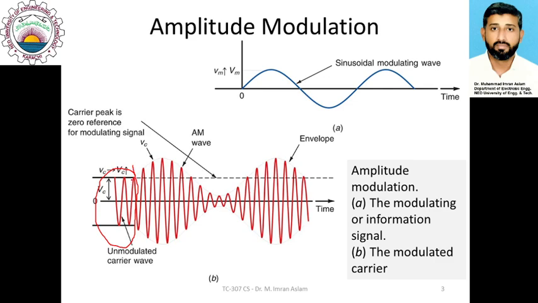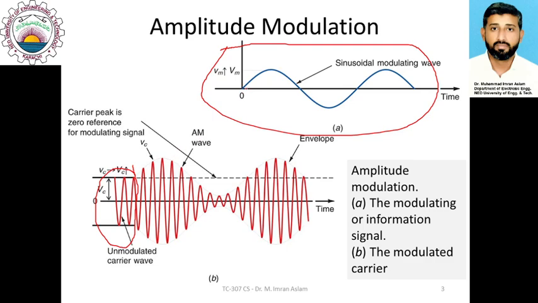But once we perform the amplitude modulation, this amplitude would be changing with respect to changes in the amplitude of the sinusoidal modulating wave. So let us assume this is our modulating wave. For simplicity, we have taken this as a sinusoidal modulating wave.